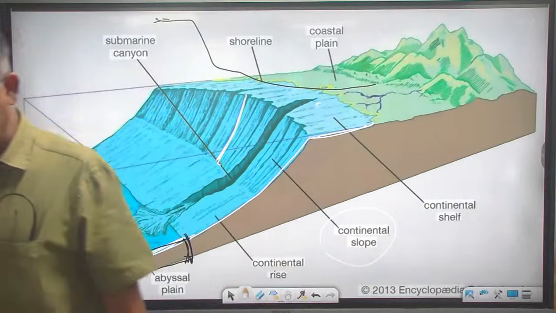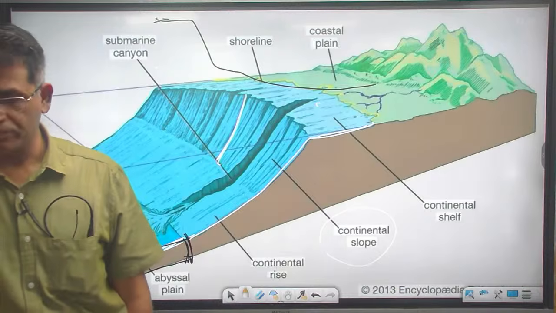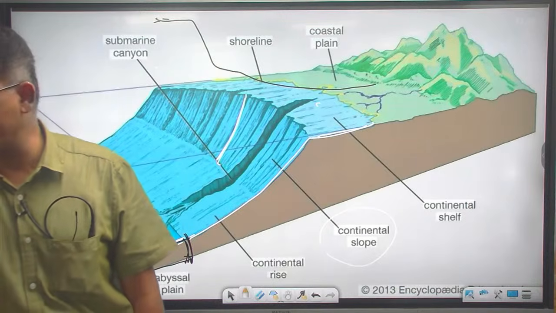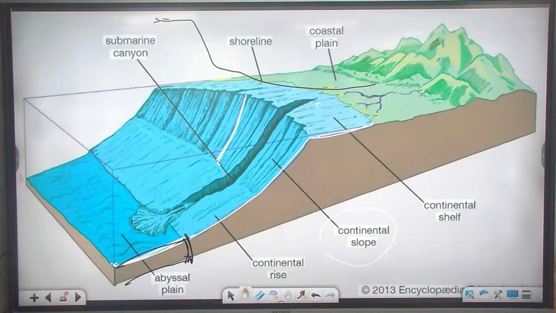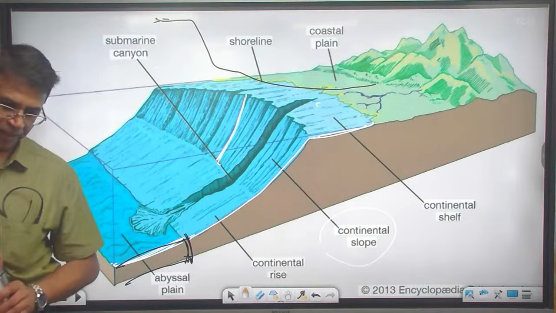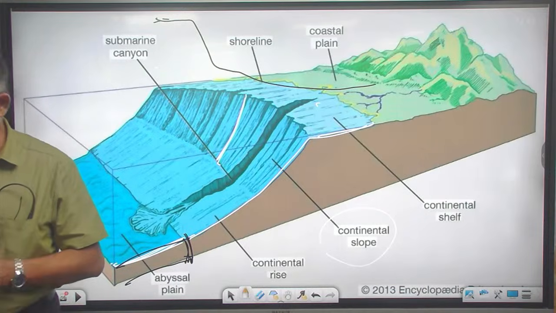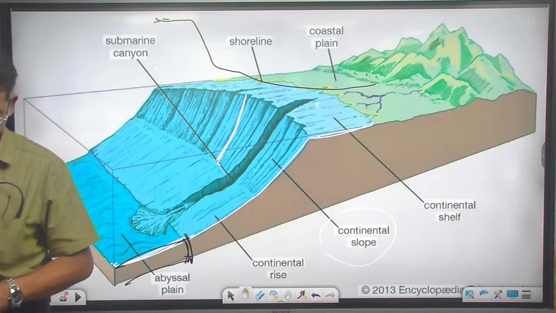Okay, so write two lines on canyons. That the submarine canyons are not rift valleys, and they are not because of river erosion.